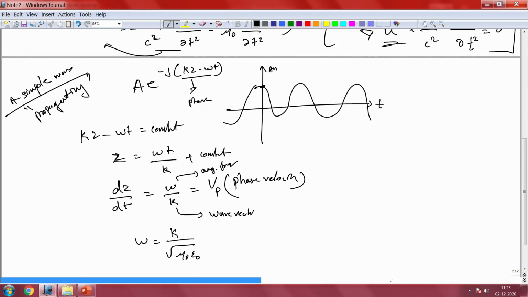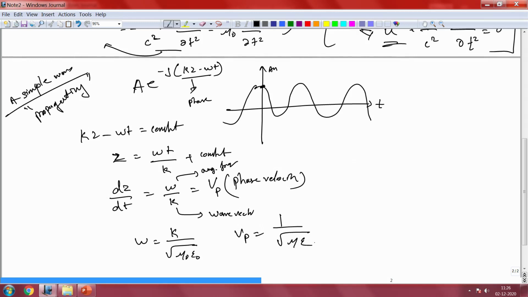And now if you are going by the material property, then the phase velocity is basically your velocity of light in the medium, right. So, this is the speed of light in free space, 1 over root mu naught epsilon naught, but now it is 1 over root of mu epsilon.